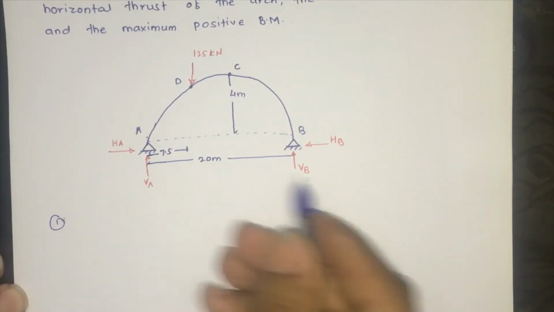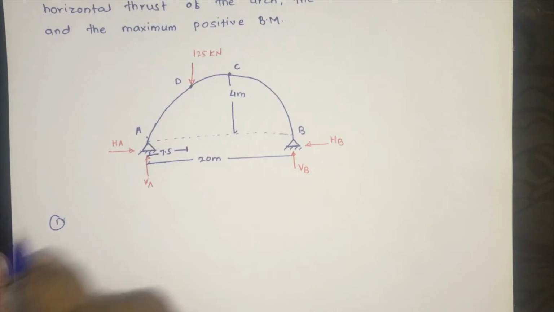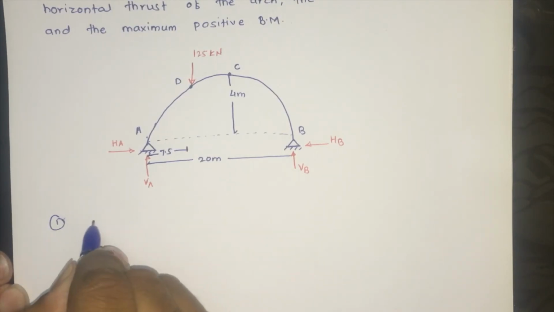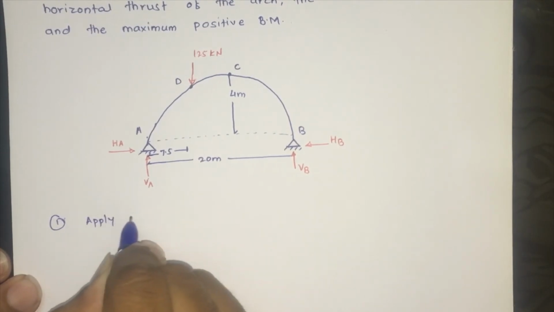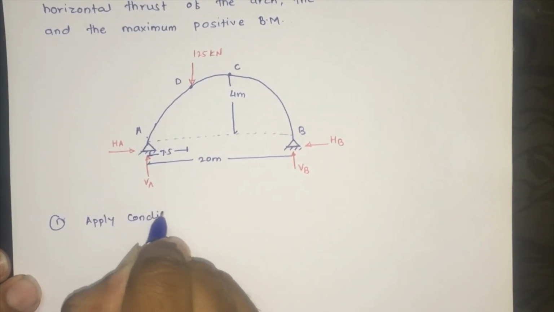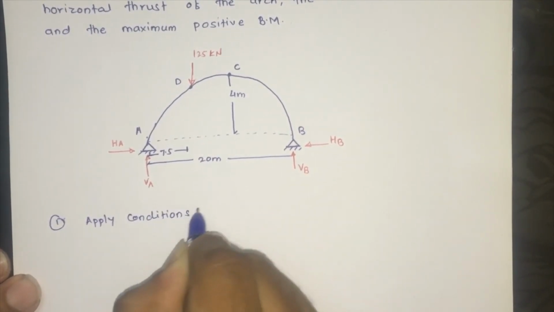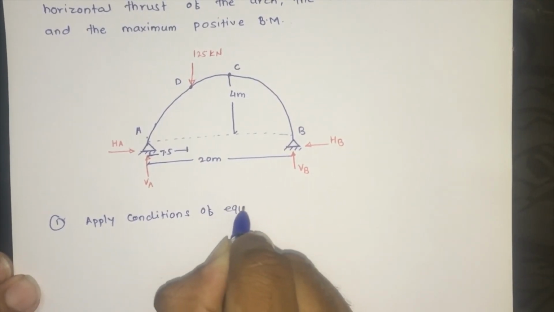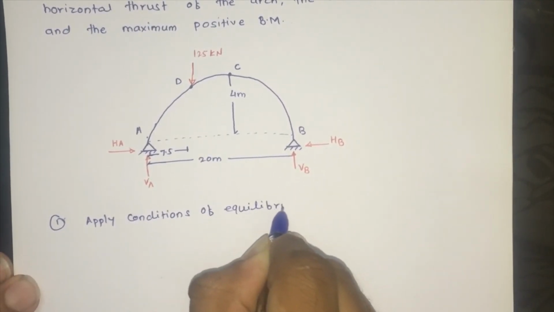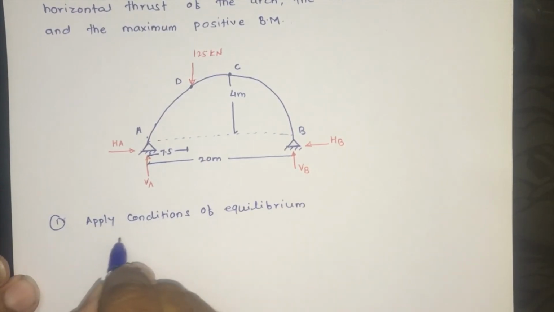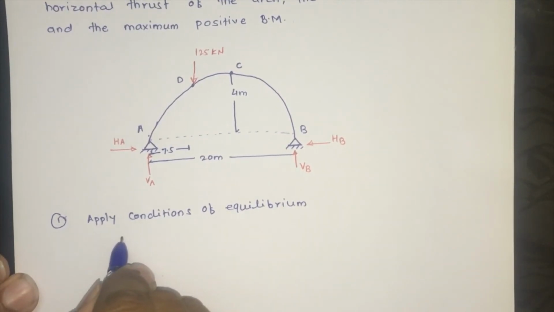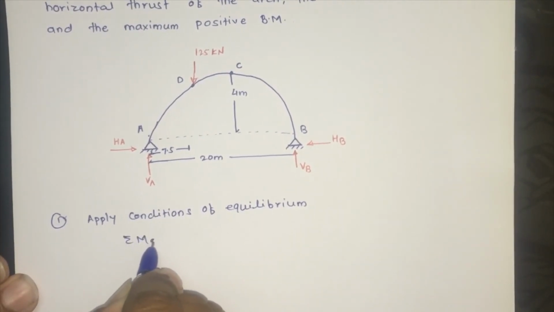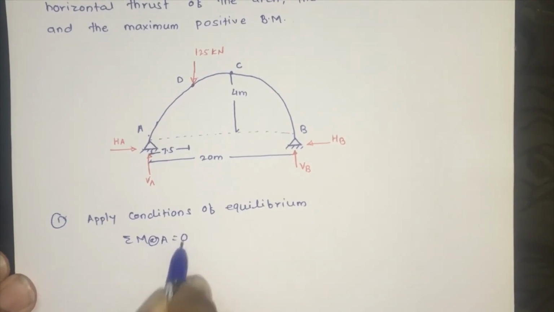Support reactions are calculated by applying the conditions of equilibrium. So first I apply conditions of equilibrium. Summation of moment at A is equal to 0.